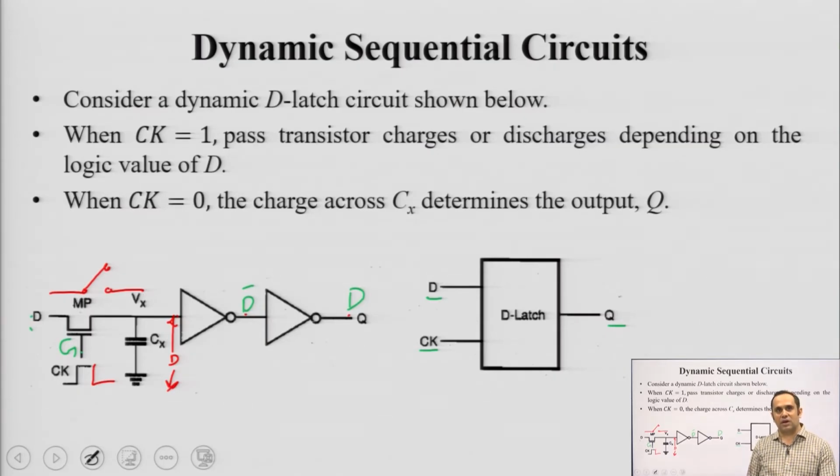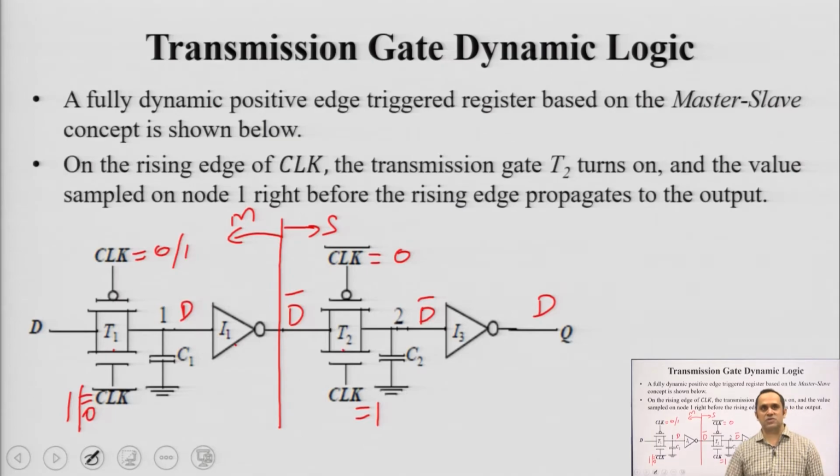So, by the time we reach the final output in a cascaded version, a lot of voltage drop would have taken place across different transistors, and it is possible that at some particular capacitive node, the signal across the capacitor falls below VIH, the input high level reference. In that case, we will sample a wrong input, and that will in the next cycle be propagated to the output, right.